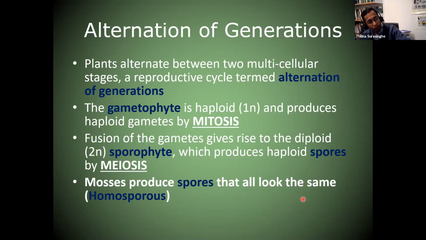Gametophyte and sporophyte. The gametophyte is always haploid and produces gametes through mitosis. The sporophyte is always diploid and produces haploid spores through meiosis. Now, it's extremely important that you remember this definition of alternation of generations, and your lecture will cover it. And if not, you know what that is, right?